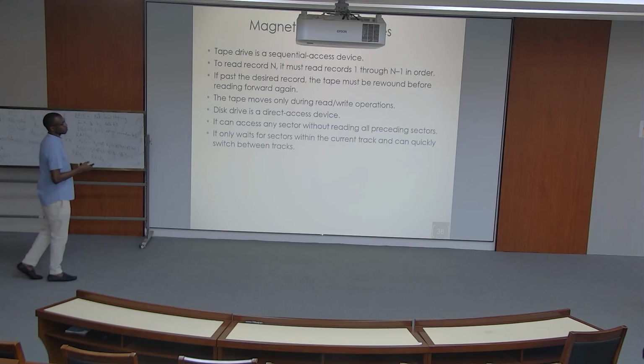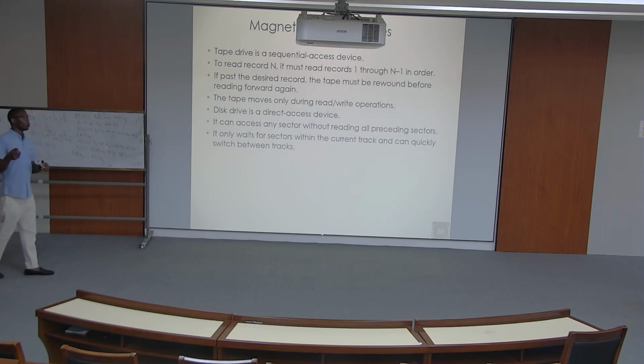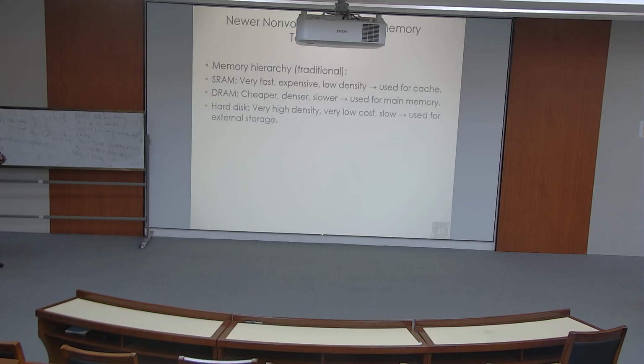So these magnetic disks use what we call direct access. Now, what are the new non-volatile solid-state technologies? If you still remember from the memory hierarchy that we discussed, we have the static RAM, which is very fast, and if you still remember, it is very expensive.